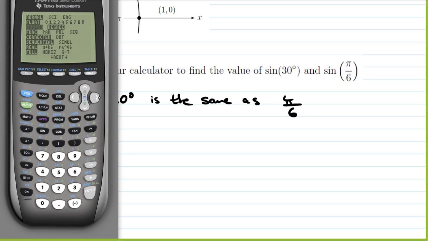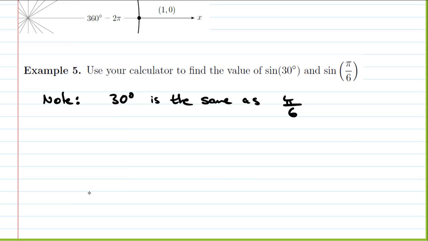I've switched my calculator to degree mode. So let's calculate the sine of 30 degrees, and I get 0.5, or as a fraction, a half. So the sine of 30 degrees is equal to 1/2.